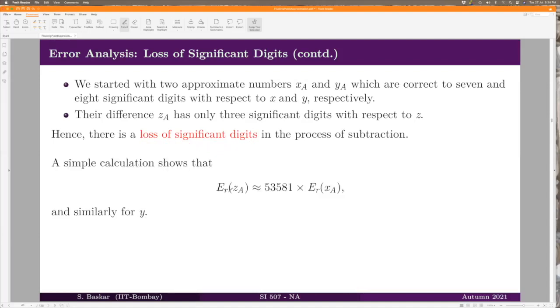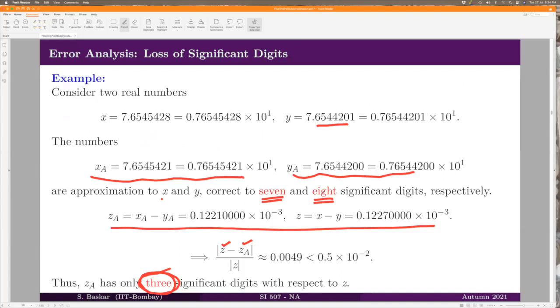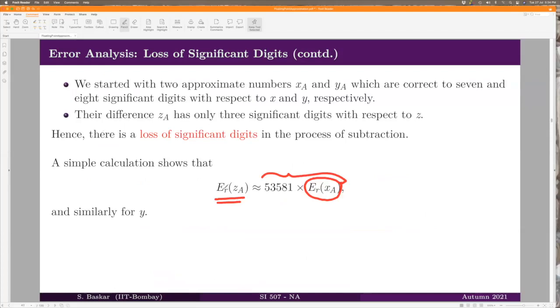You see the relative error in ZA, and look at how much it was amplified when compared to the relative error in XA. That is, you find the relative error between these two numbers and compare it with the relative error Z minus ZA by Z, right? That is this.